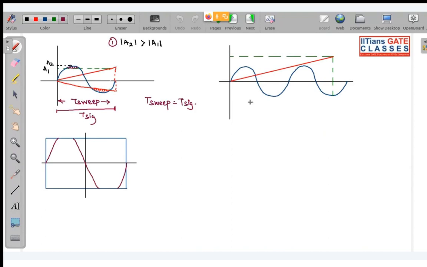Now, can you draw this waveform that is going to be displayed on the screen? Can you draw this?